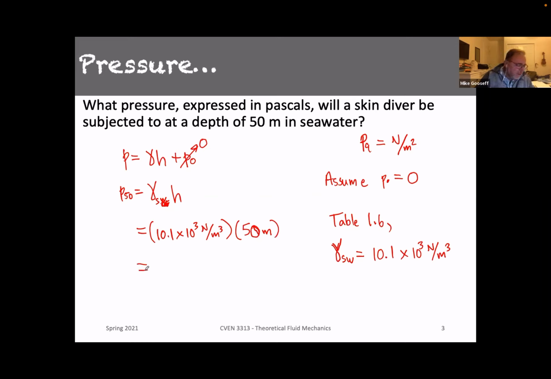When we work that out, we come out to 505 times 10 to the third newtons per meter squared, which is also equal to 505 times 10 to the third pascals.